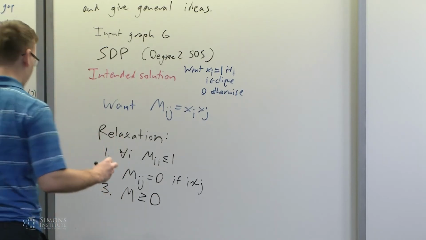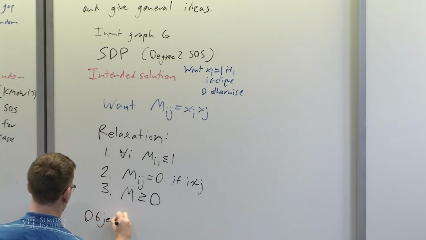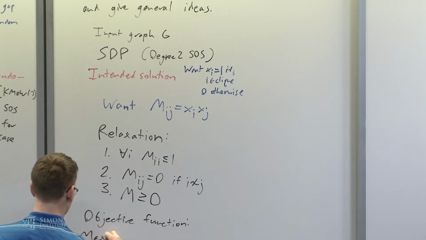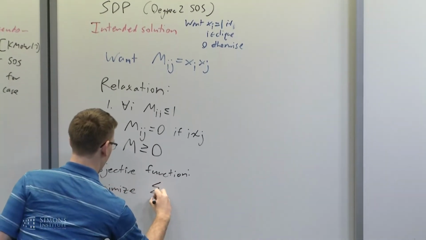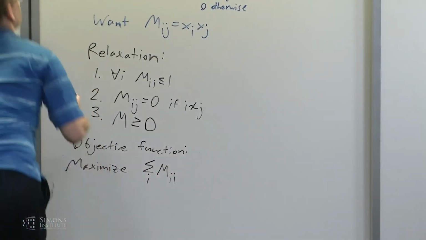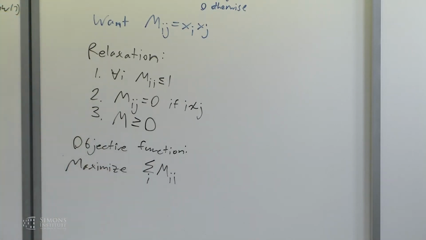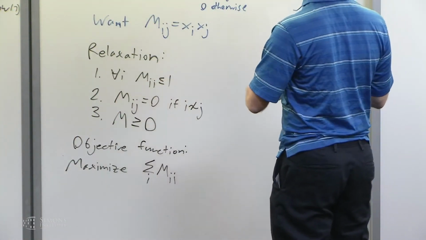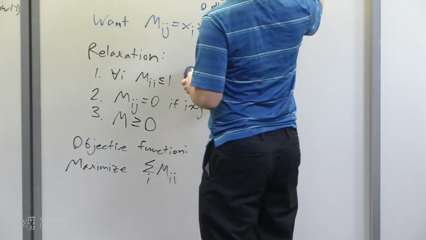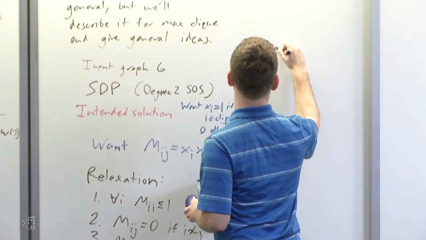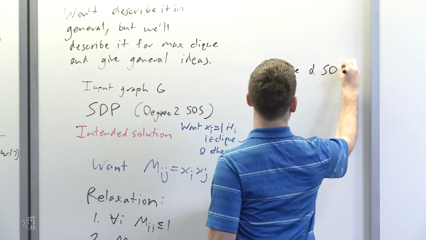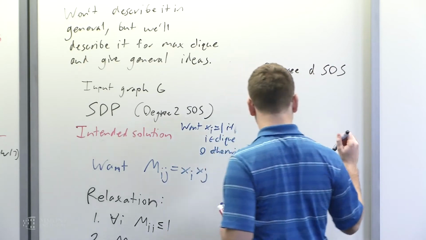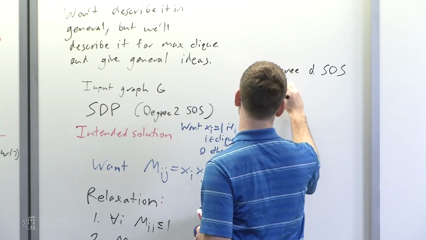And the objective function, we're trying to maximize the sum over i of mii. So this would be a basic SDP for maximum clique. So now degree D sum of squares. Here we'll do something similar, but we'll have a large matrix.